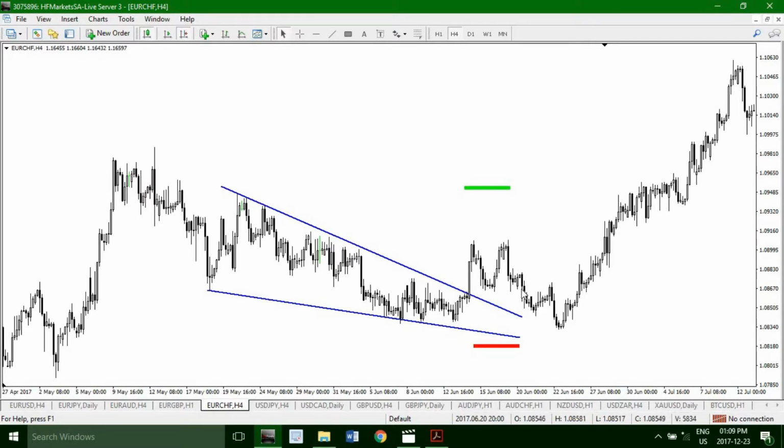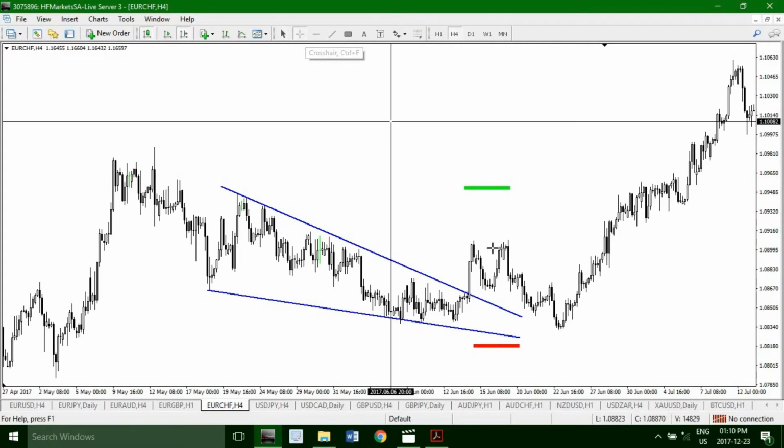And if you've noticed, we had a small double top over here. This was the actual reason why the price retraced back to our chart pattern before heading up. You could also trade this, but as you can see, it was a tiny chart pattern, so you'd be looking at getting a few pips there.